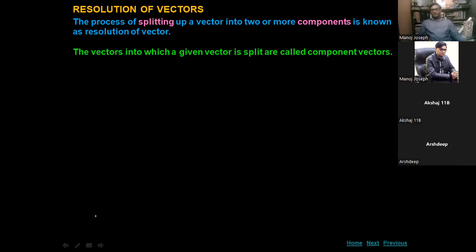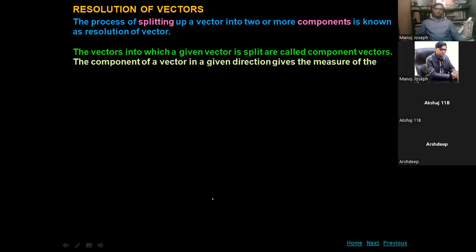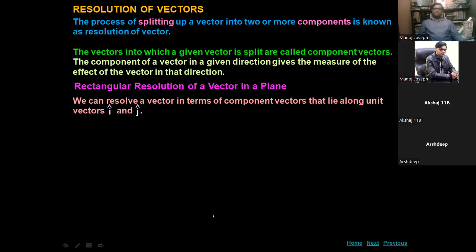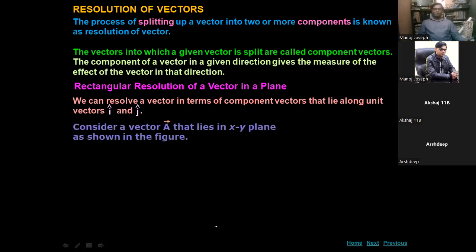The vectors into which a given vector is split are called component vectors. So the component of a vector in a given direction gives a measure of the effect of the vector in that direction. So, rectangular resolution of a vector in a plane: we can resolve a vector in terms of the component vectors that lie along I cap, J cap or K cap.